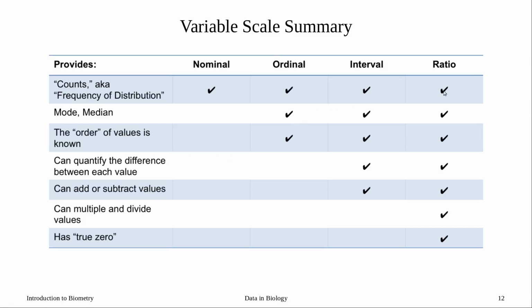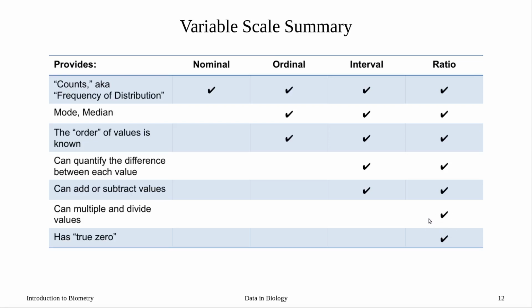And we know the order of the ordinal variables. You can do the same things with the measurement variables, so the quantitative variables, but the quantitative variables also allow us to do several other things, such as quantifying the difference between each of the values, adding and subtracting the values, and so forth. But only ratio variables allow us to do multiplication and division, and that's because, again, these have a clearly defined zero.